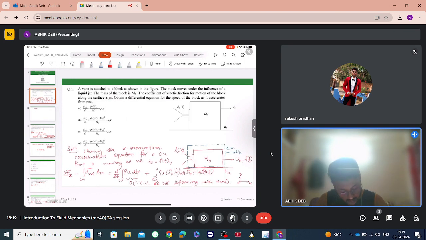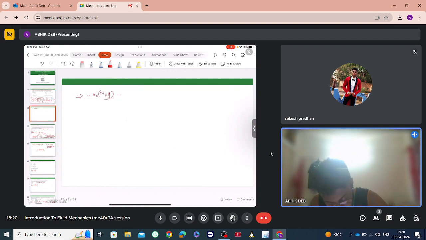Minus what is the relative acceleration. Relative acceleration will be the change of ub with respect to time, that is dub/dt, and since we are considering only the x direction acceleration, it is only ub. So minus dub/dt times the integral over the control volume of dm, which is the mass of the control volume, that is mb.